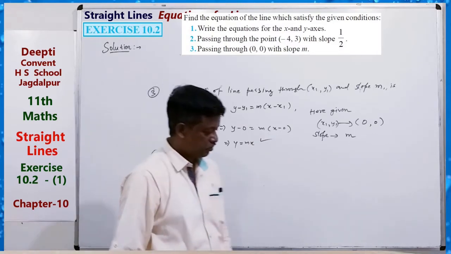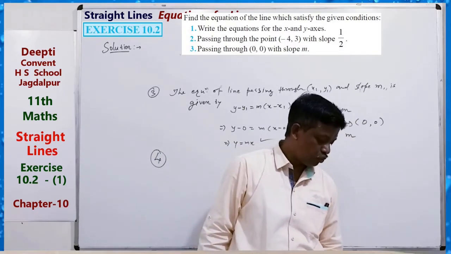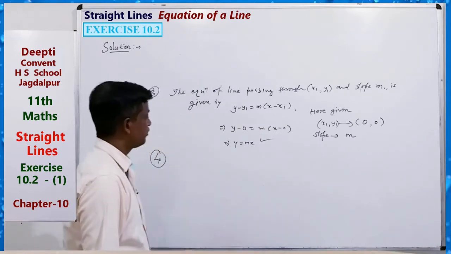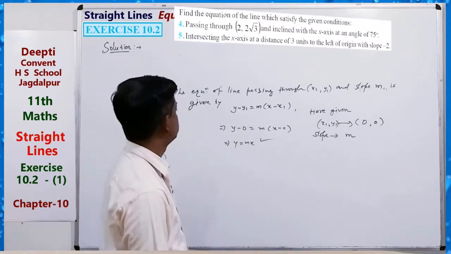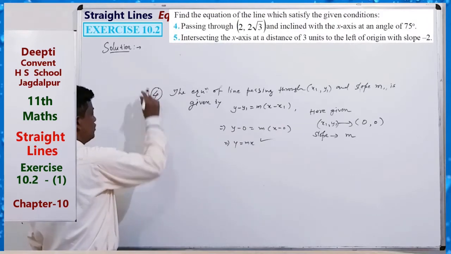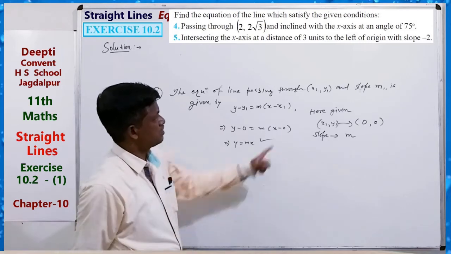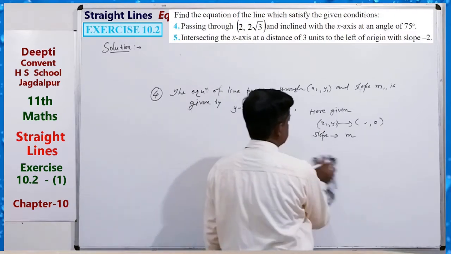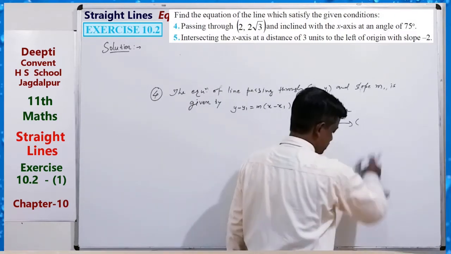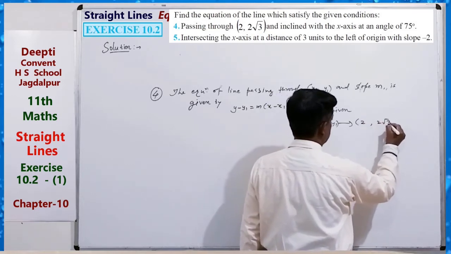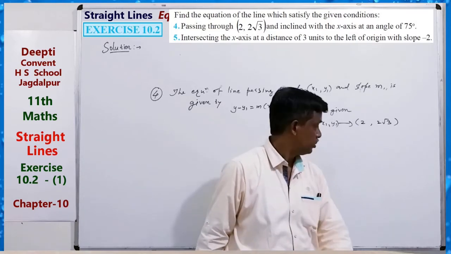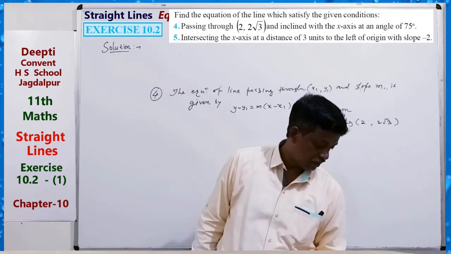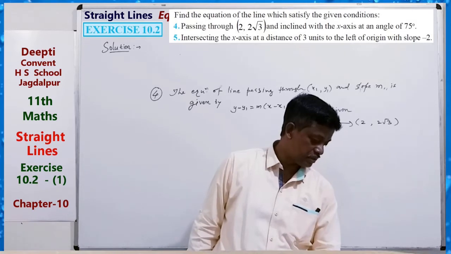Now question 4. Passing through 2 root 3 and inclined with the x-axis at an angle of 75 degrees. We know that we can write this in this format also. So the equation of a line passing through this point, the point given is 2 root 3. And it is inclined with the x-axis at an angle of 75 degrees.